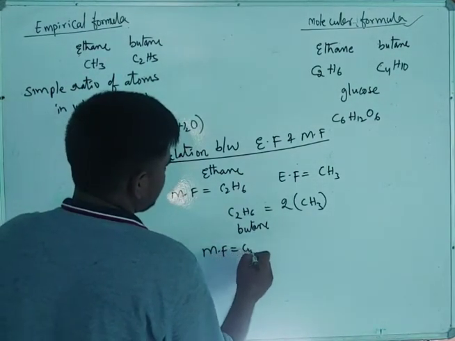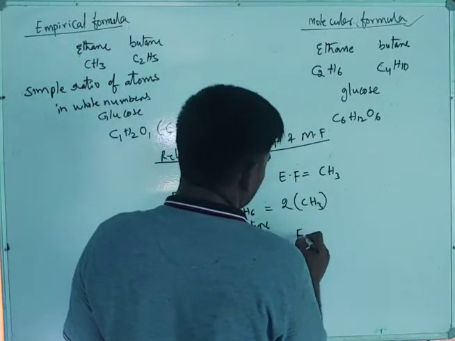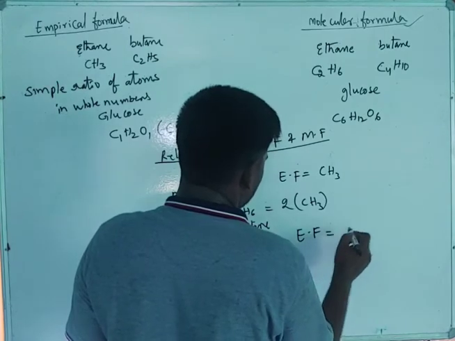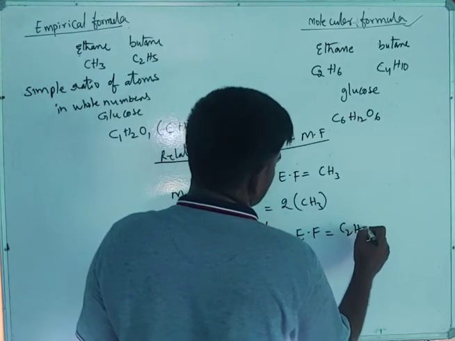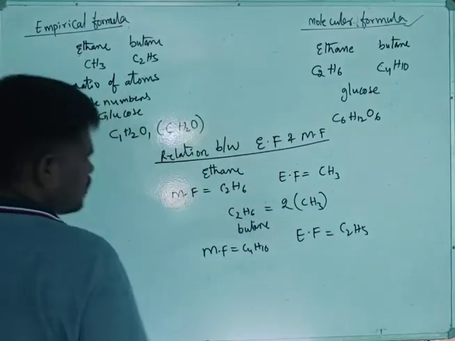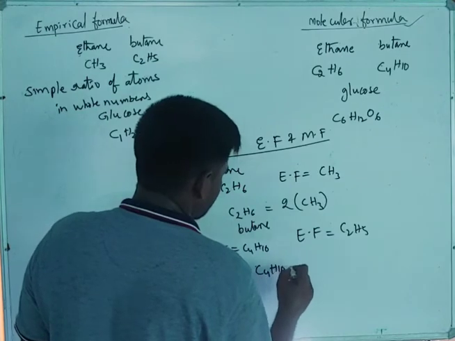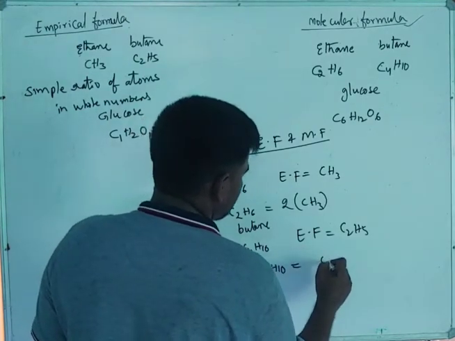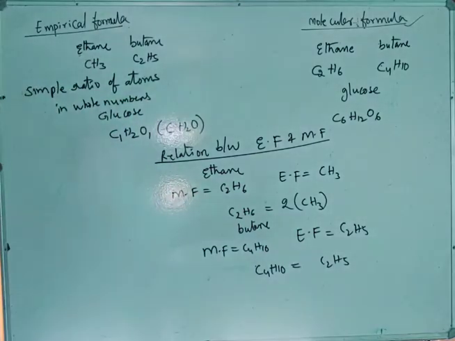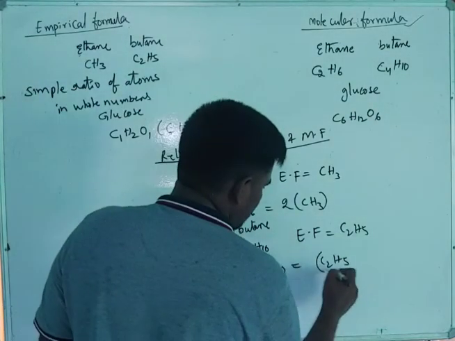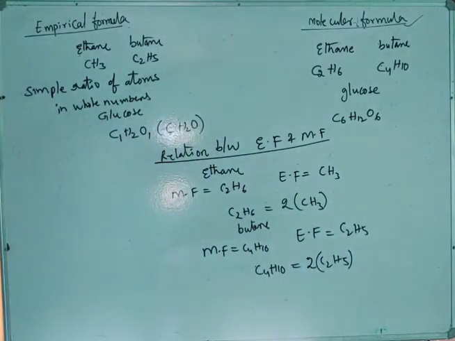Molecular formula is C4H10. And the next one, empirical formula of butane, C2H5. Now the molecular formula of butane is C4H10, and the empirical formula of butane is C2H5. If you multiply this formula with 2, then both will be equal.